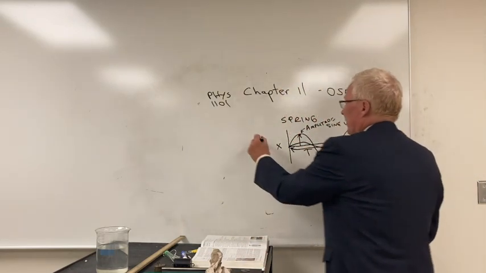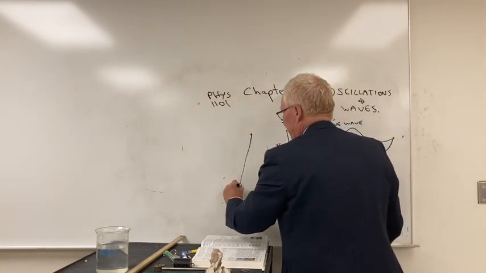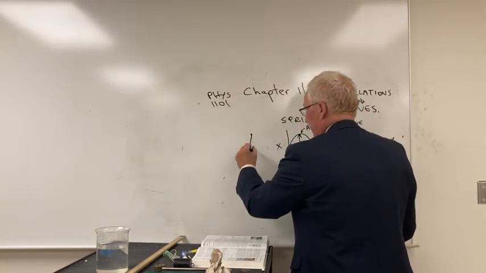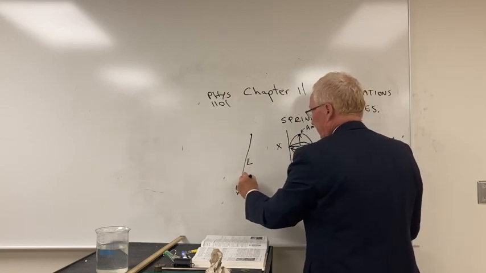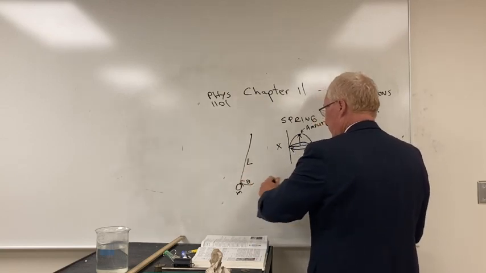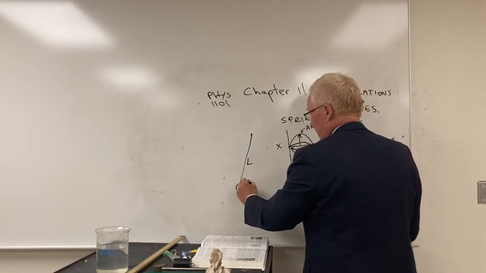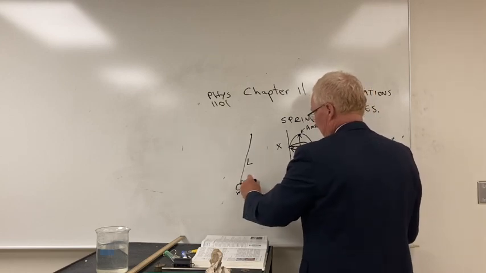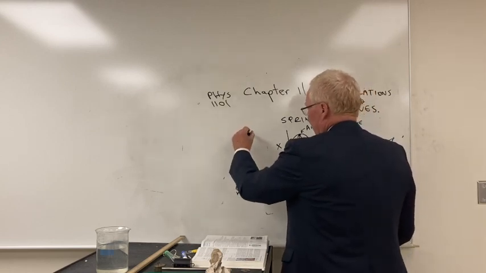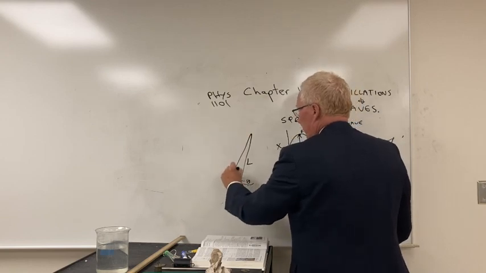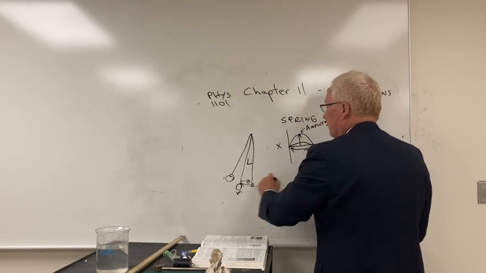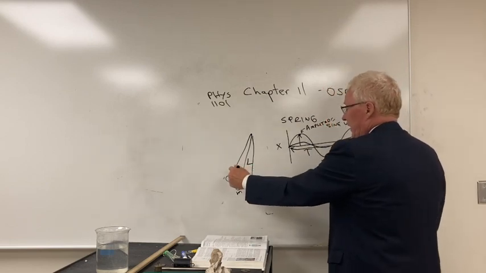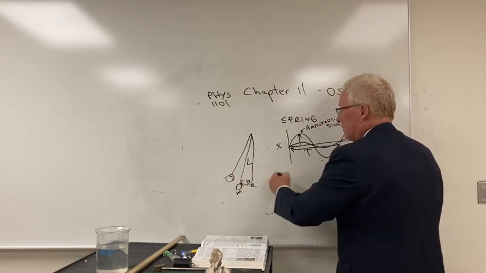Anyway, for a pendulum, you have a mass hanging at the end. It has a length L and an angle. So the amplitude would basically be the size of this angle. A large amplitude would be way out here, and a small amplitude would be oscillating back and forth here. The period is the time it takes for it to go one way and come back.